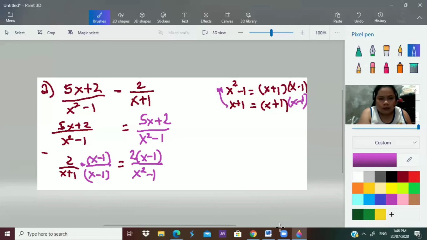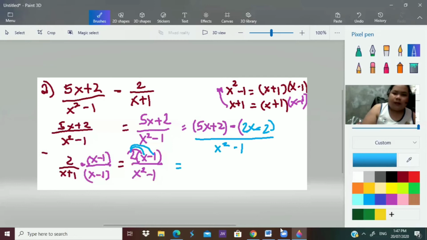Okay. So, pag sinolve natin to ngayon, you have now 5x plus 2 minus, simplify natin, minus 2x, then 2 times negative 1, minus 2, all over x squared minus 1.